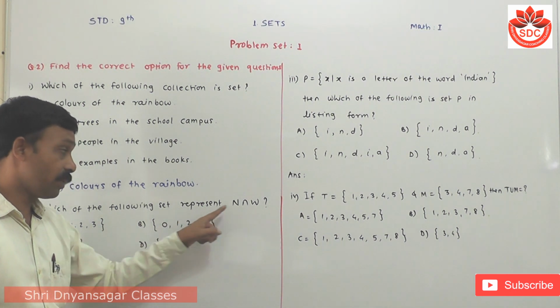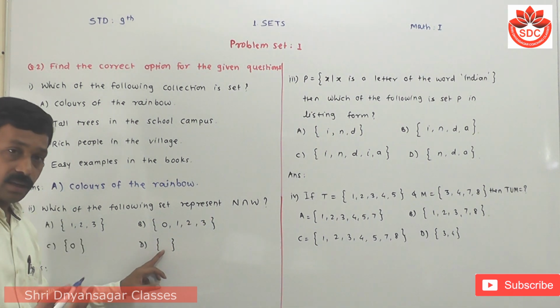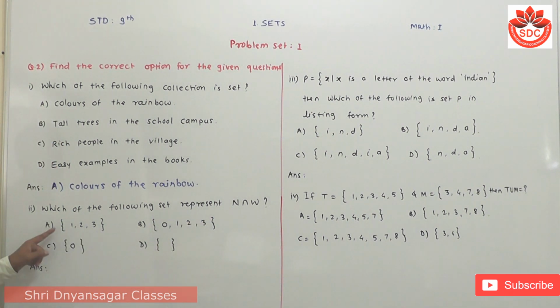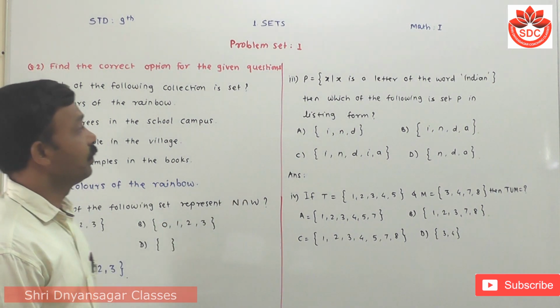Now 0 is not present in N, so this is not the answer. Since it is an intersection, 0 cannot be included, and the other option is also not the answer, so this is the answer. So A is the set of 1, 2 and 3. This represents N intersection W.